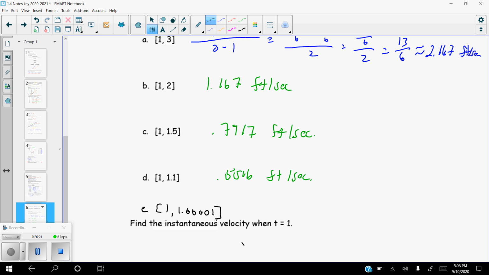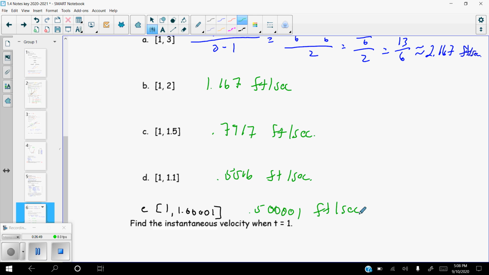So that ought to give us a really good approximation, I would think, here. So if we plug those values in, you're going to get 0.500001. I think you pretty much have a good idea what that's approaching at this point, feet per second.